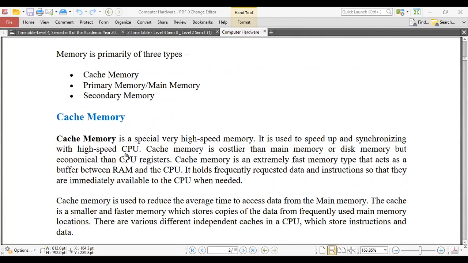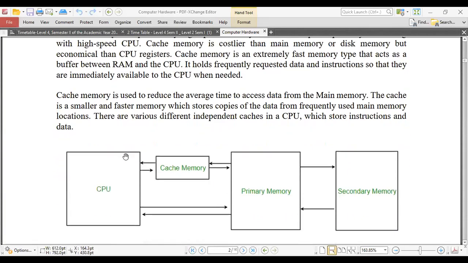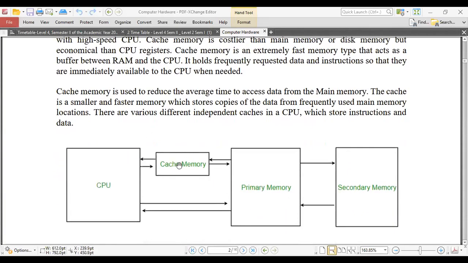Right. As you can see in the image, cache memory is located between CPU and primary memory. This is secondary memory. The basic purpose of this main memory is to hold data before sending them to the CPU.